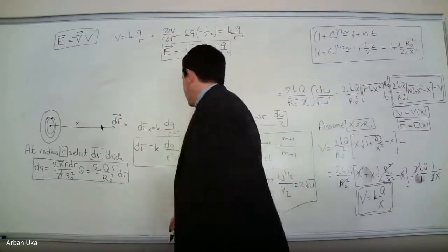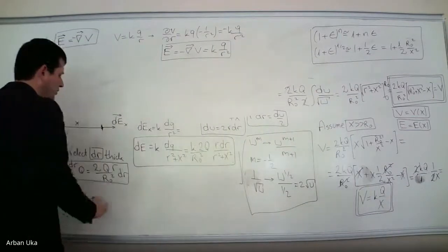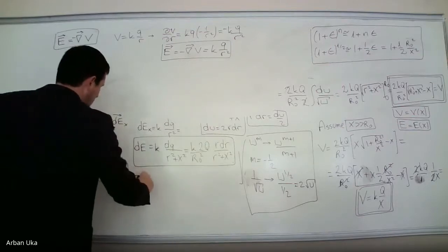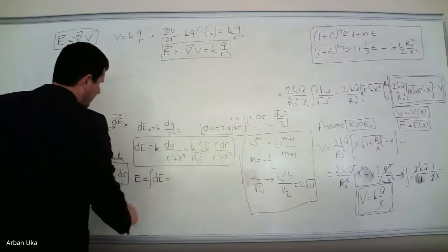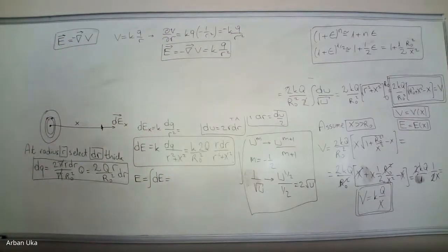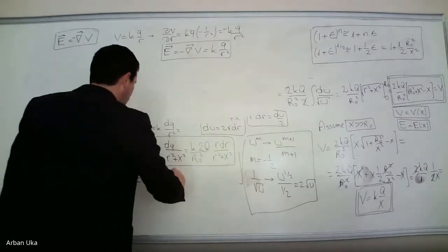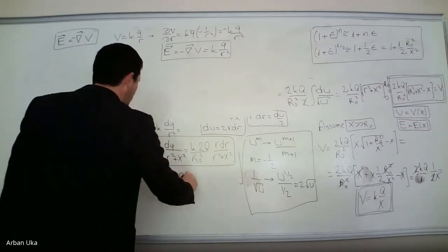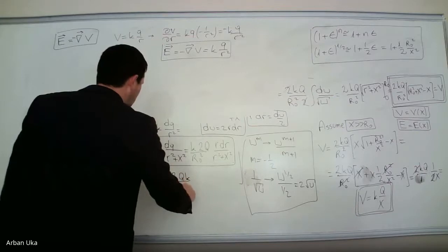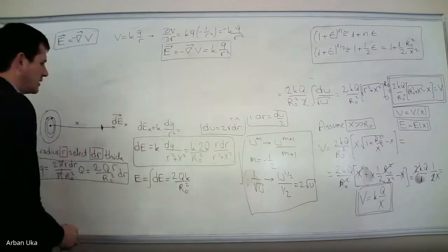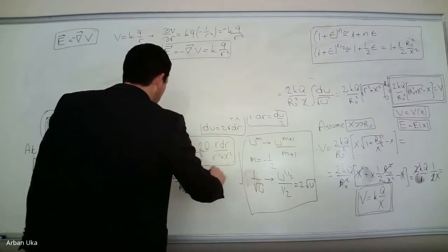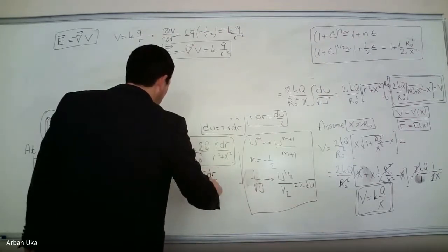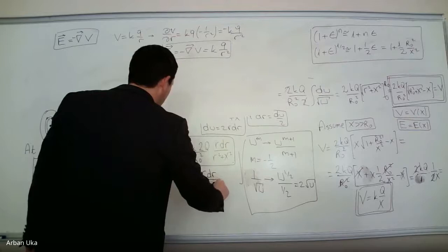Now, the electric field would be equal to the integral of dE, which means that the values that are constant we can take out. This would be 2qk over r0 squared, integral of r dr over r squared plus x squared.